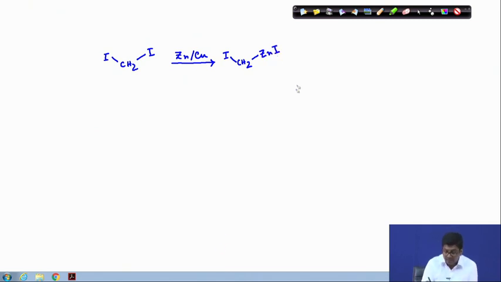Then it is in equilibrium with another zinc species plus zinc iodide.